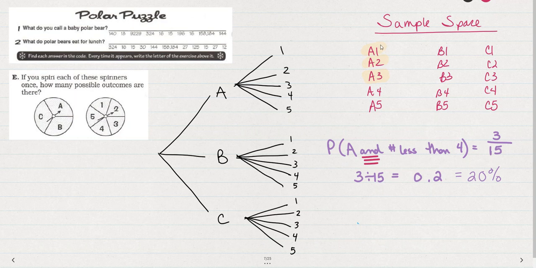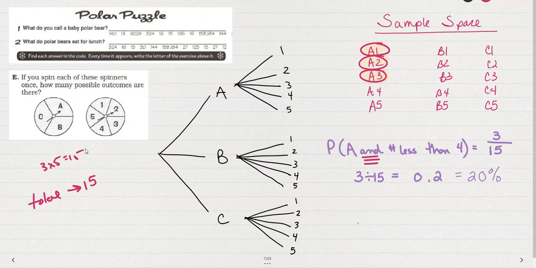That's 3: an A1, an A2, and an A3. I'll have an A and a number less than 4. So the number of favorable outcomes is 3, out of our total number of outcomes, which was 3 times 5, or 15.